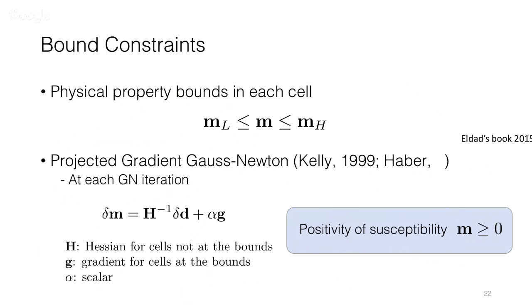Okay, so without going into details, we can alter what we already have without very much change in coding to incorporate positivity or bounds.